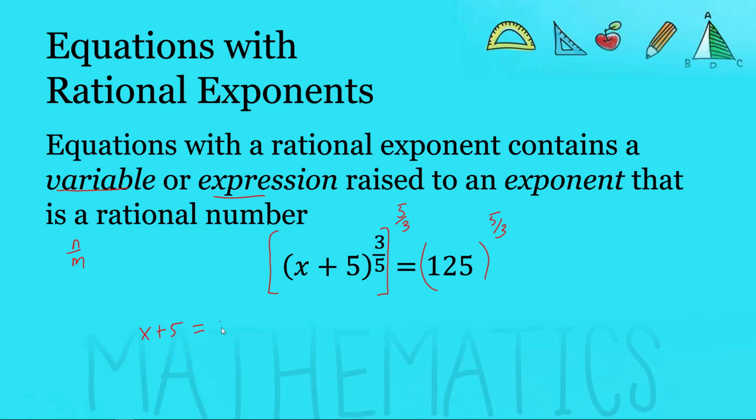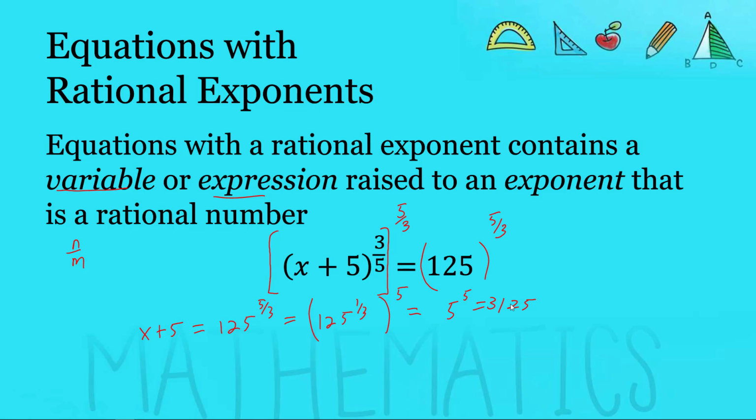And that'll be equal to 125 to the 5/3 power. We can evaluate that as the cubed root of 125 raised to the 5th power. And of course the cubed root of 125 is 5, so we're going to raise that to the 5th power. And that is equal to 3,125.